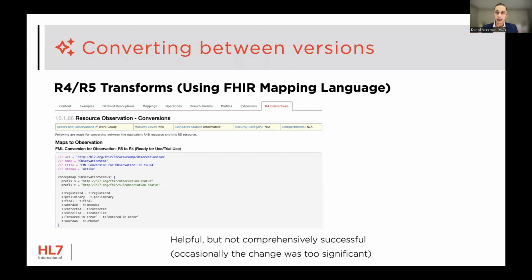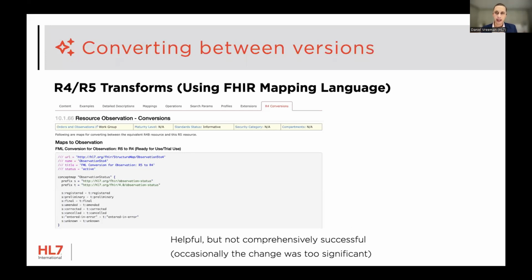Like in each FHIR release, there is a mechanism for describing how to translate or transform from a prior release to the current release. And these are described in a language that's called FHIR mapping language. And so for each resource type, you can look for this tab on the page that says R4 conversions, and it will show you the sort of computable structure for how to migrate data from the prior version to the new version.